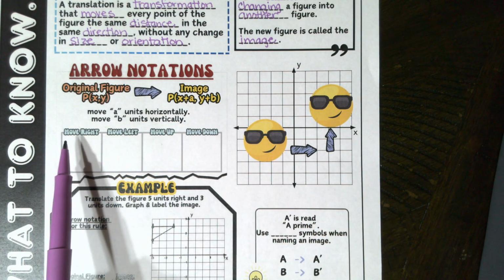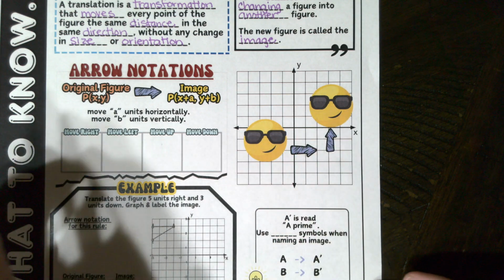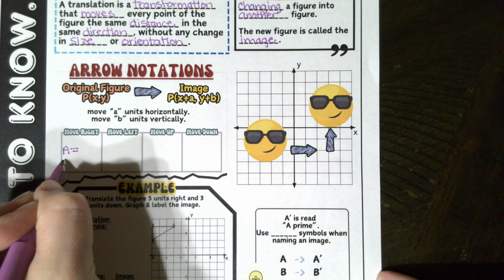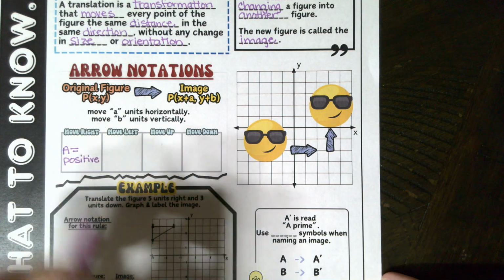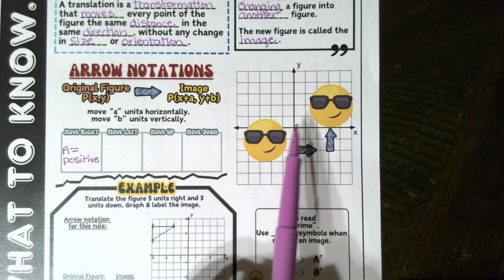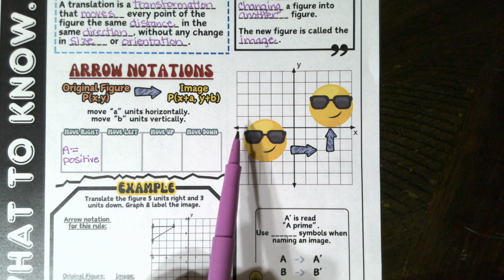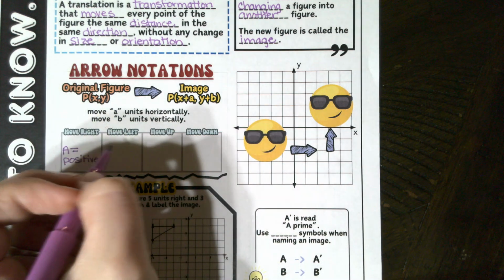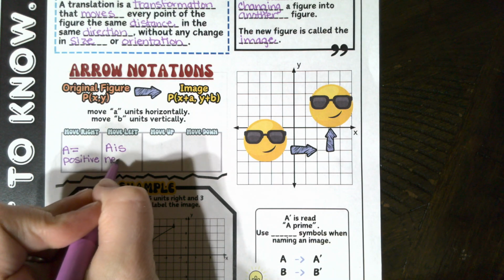When you move to the right, which is this direction, then a is positive. When you move left on a graph, it's going to be negative, so a is negative.